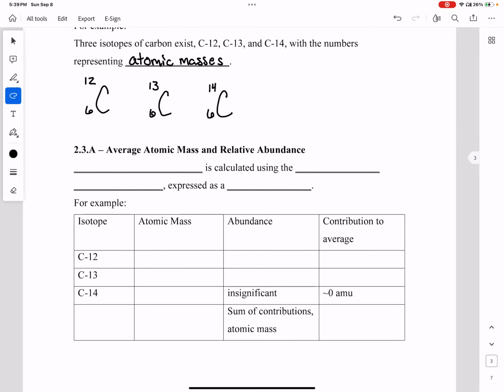So the average atomic mass is calculated using the relative abundances.